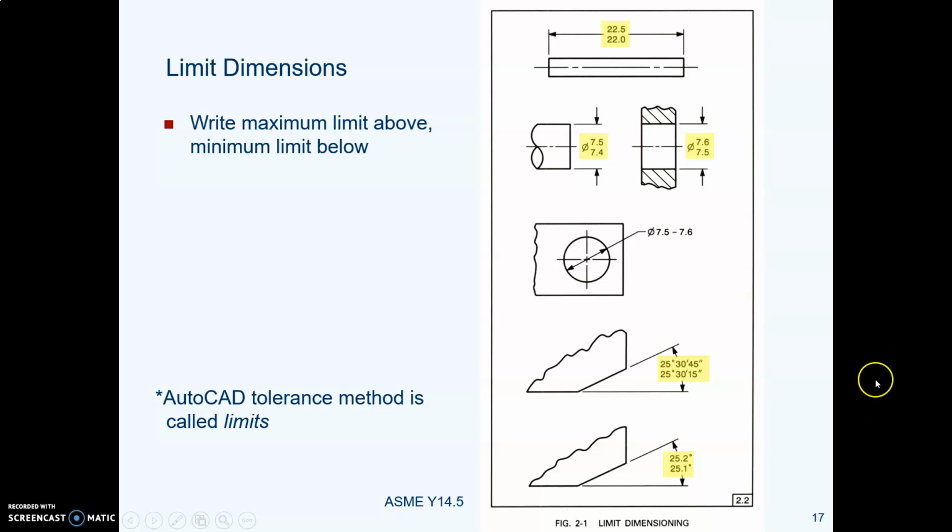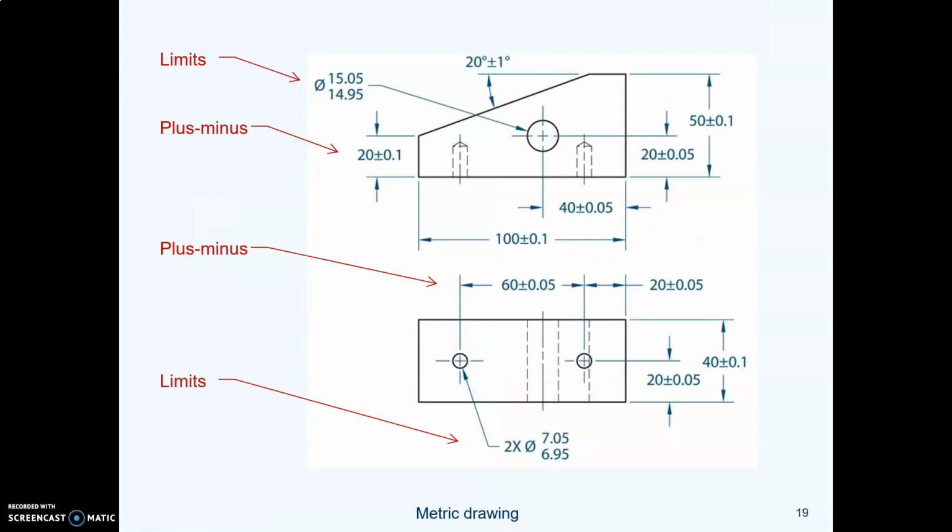And AutoCAD calls this limits, which is what ASME calls it. You can mix plus, minus, and limits dimensions in the same drawing. That's perfectly fine. And once again, one is not better than the other. You might find it easier to write one or the other in a particular drawing. Your machinist might like one better than the other in a particular situation, so you should go ask them. But they are both equally correct.